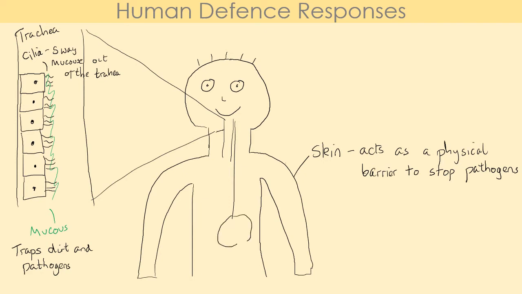So what I'm drawing here is the stomach. And the stomach is one of our organs. It is involved in digesting food. It also contains hydrochloric acid. I'll change the colour of that one. So it will contain hydrochloric acid.